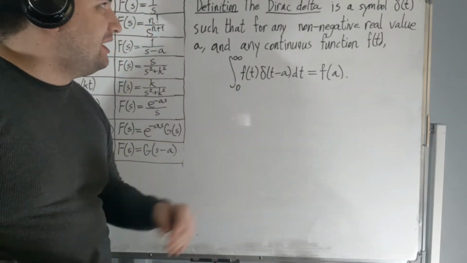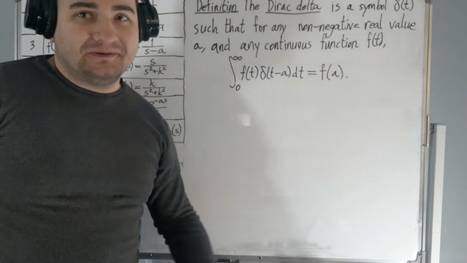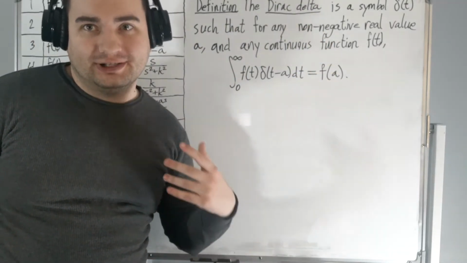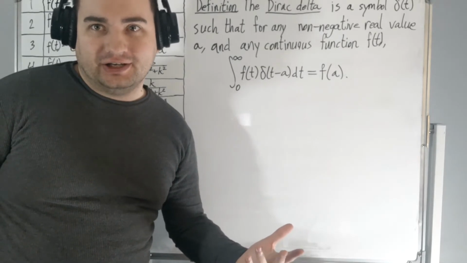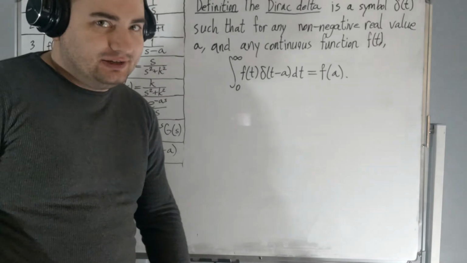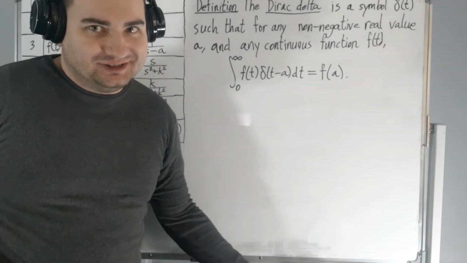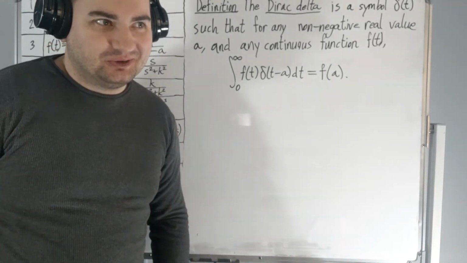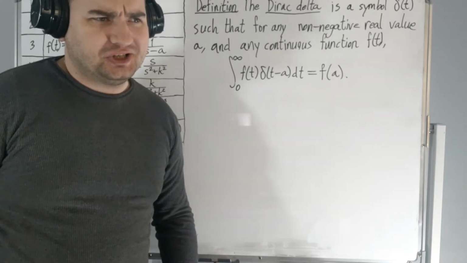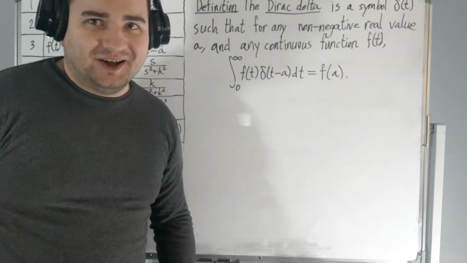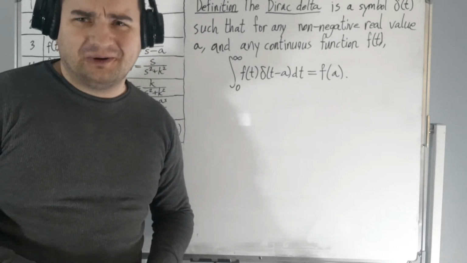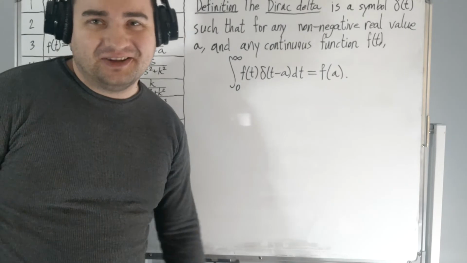So I'm not going to call this the Dirac delta function, even though you might hear it called that, or the delta function, in your engineering class. Even your engineering professor will agree that it's not a function, in which case they should come up with a different name for it. So I'm just going to call it the Dirac delta.